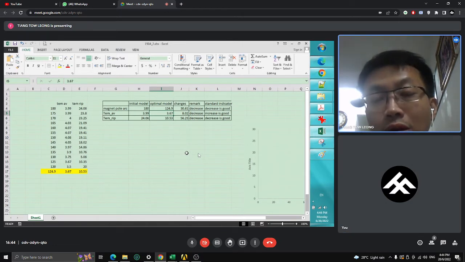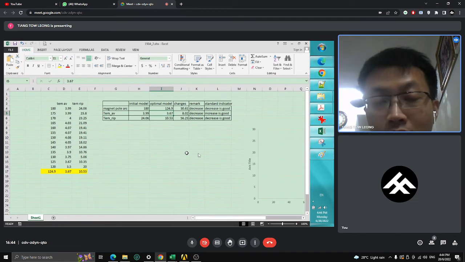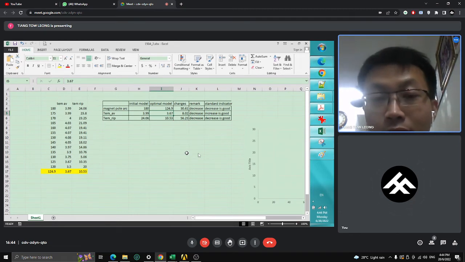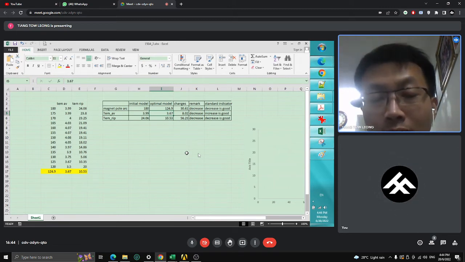So we can say that this model for the electromagnetic torque is acceptable because the decrement is about 8%. However, there's a lot of improvement on the magnet usage and also the electromagnetic ripple.